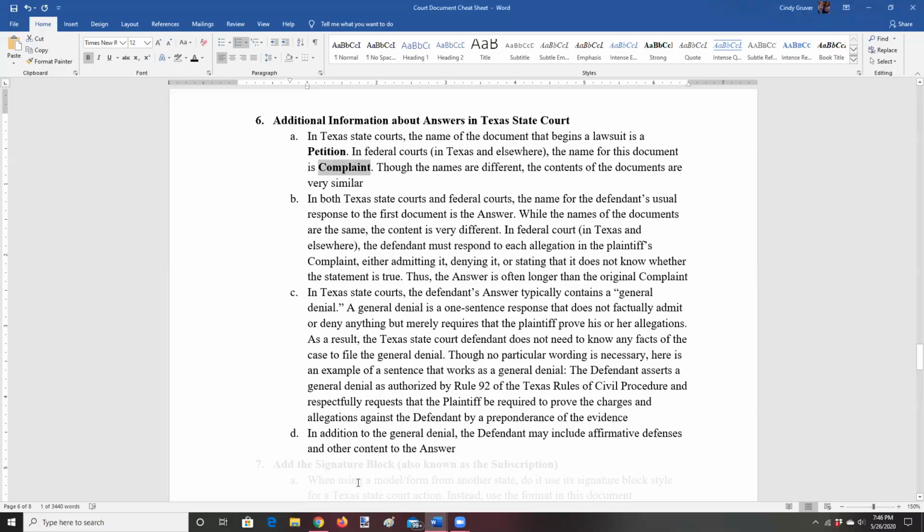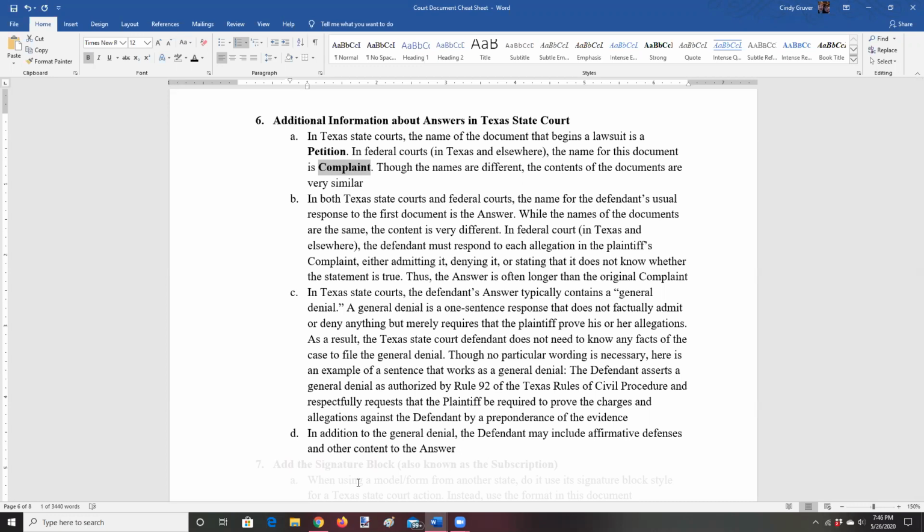So once the defendant is served with a lawsuit, then that defendant needs to file a document. The defendant actually has several choices of documents that it can file, but the most common, the usual document is called an answer. And we call it an answer whether it's filed in Texas state court or in federal court. So that's nice, same terminology. And the name makes sense.